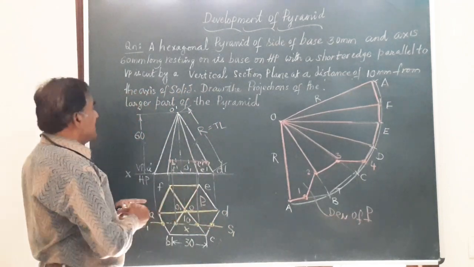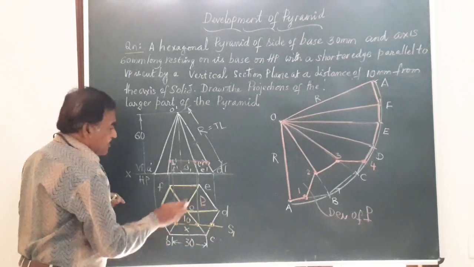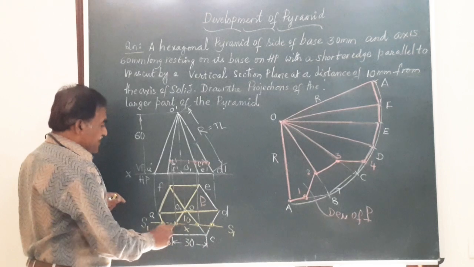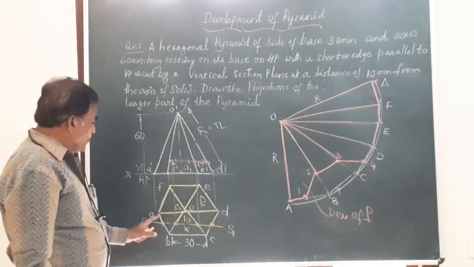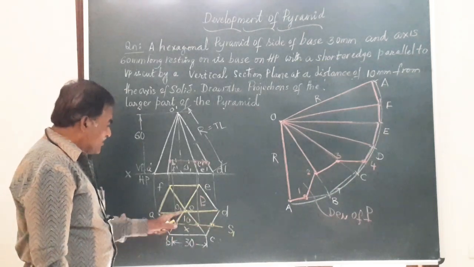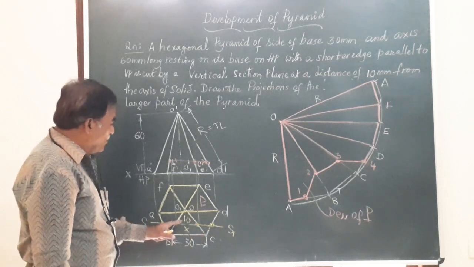Then I have cut the solid by a section plane which is parallel to VP and perpendicular to HP. This section plane SS is cutting 2 edges AB and CD at these 2 points, and 2 slant edges OB and OC at these 2 points.